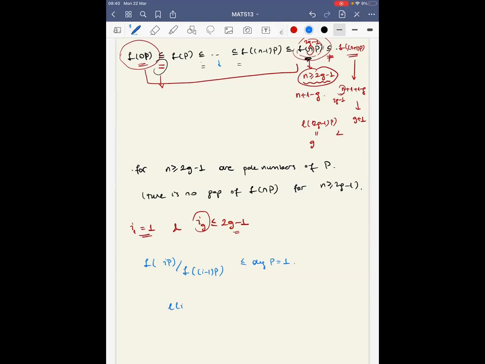So the dimension of the divisor iP is bounded above by the dimension of the previous term plus 1, and it's also bounded below by the dimension of this previous term.